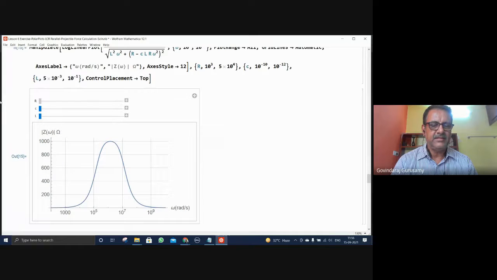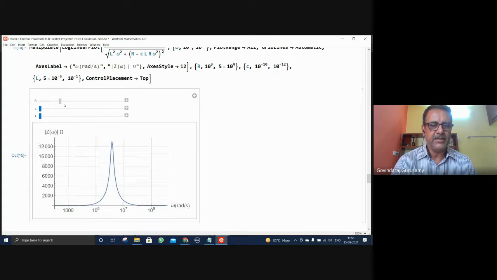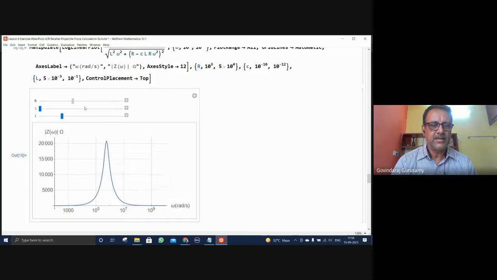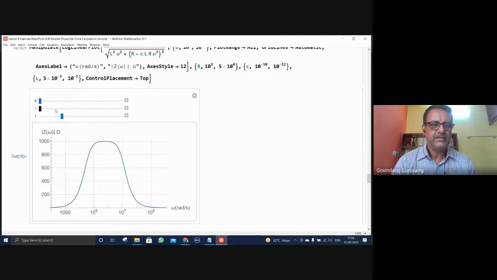So in an LCR circuit, you can manipulate your full width half maximum, which means if you call it a band gap, the allowed values of the AC signal, that band gap can be controlled. Similarly, C should also get shifted down.